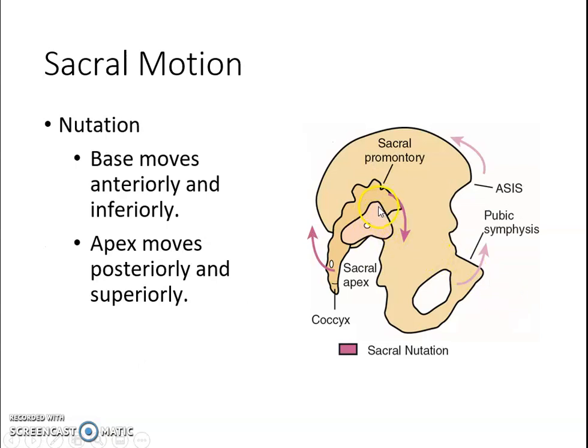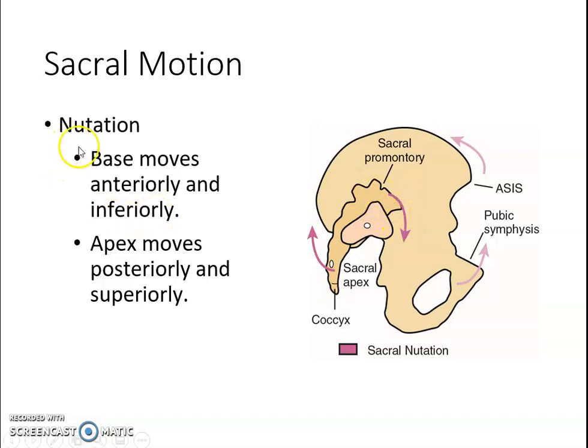Movements that take place at the sacrum are very important, and they are somewhat difficult to understand. If we keep our reference points in mind during these movements, we can easily visualize the movements taking place at the sacrum or sacroiliac joint.